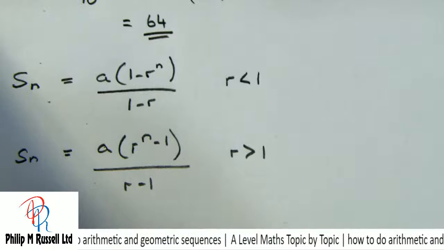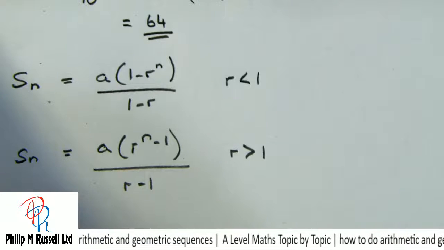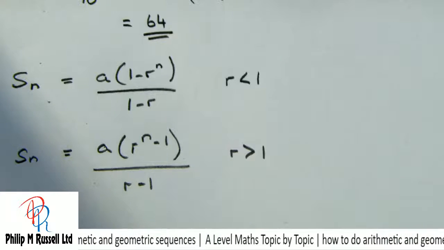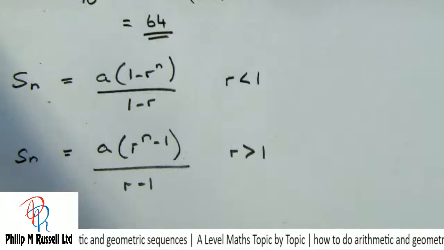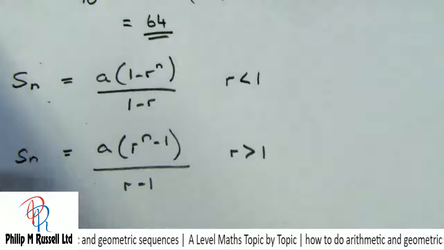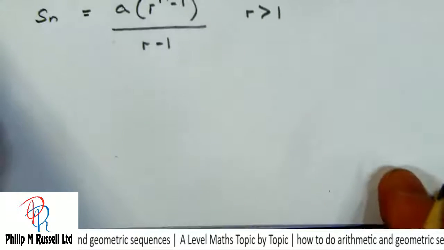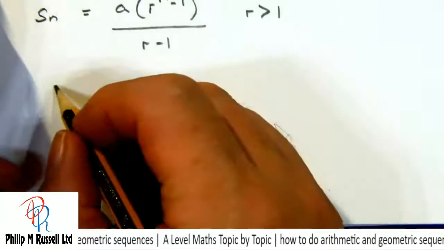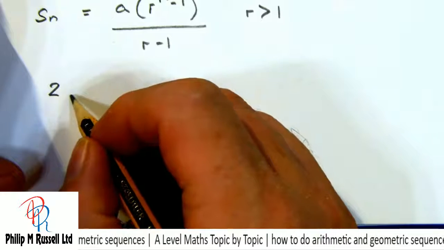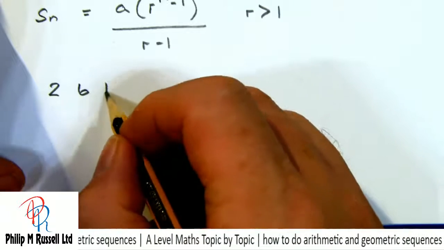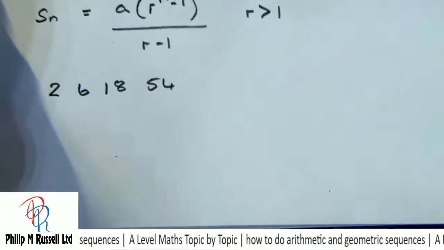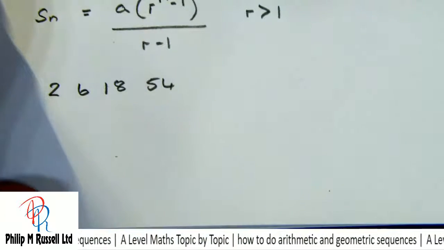So let's try summing up a geometric sequence. Let's have a think. Right, we've got something like 2, 6, 18, 54. Okay, so let's have a look and see what we've got.